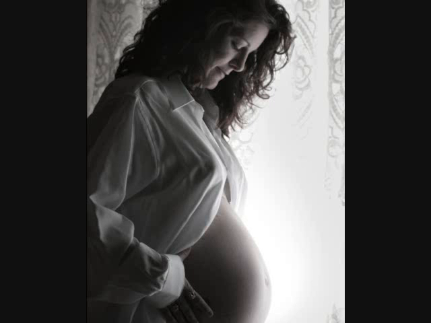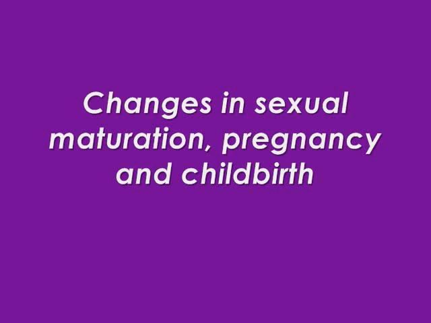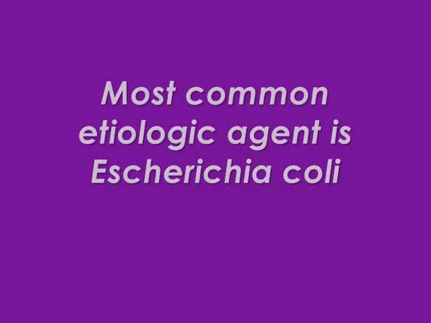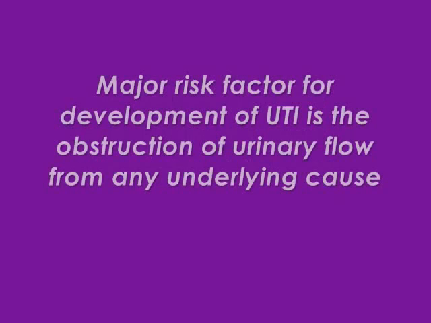This infection in men is less common because of the differences in anatomic structure and changes in sexual maturation, pregnancy, and childbirth. The most common etiologic agent in UTI is the presence of Escherichia coli. The major risk factor for the development of UTI is the obstruction of urinary flow from any underlying cause.